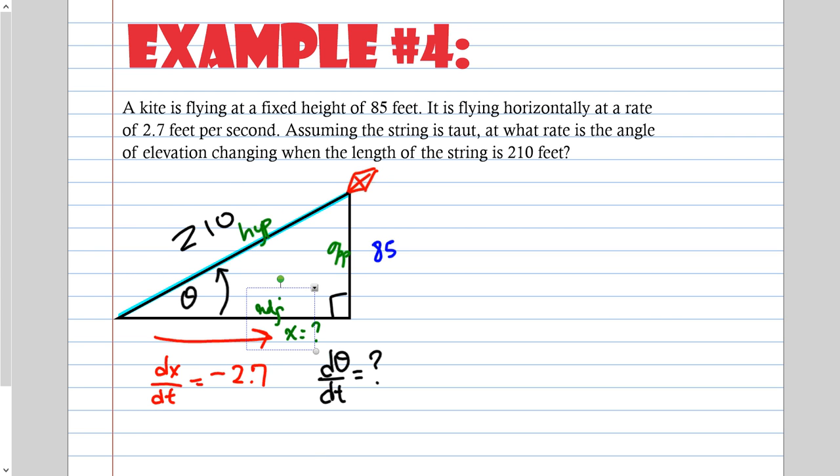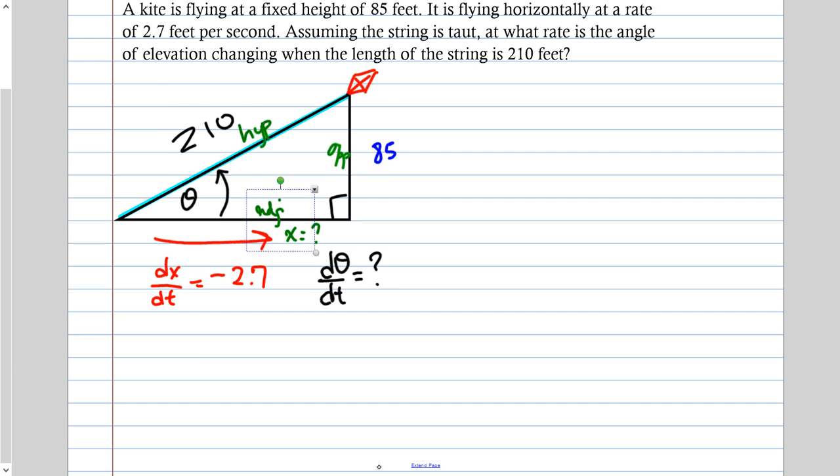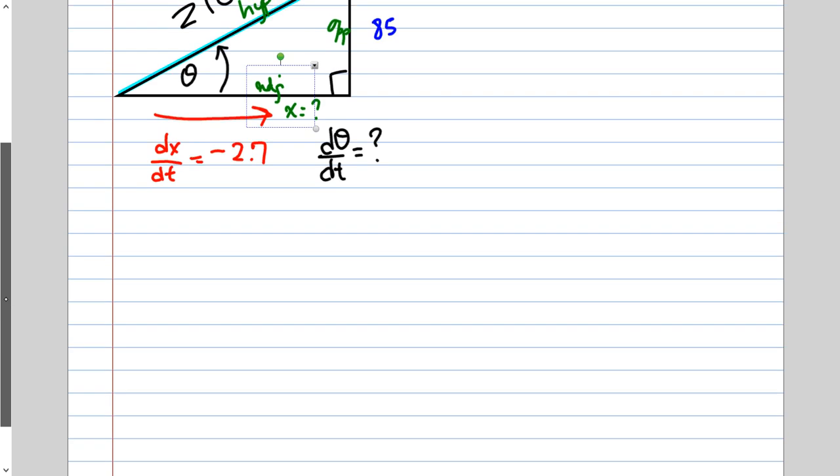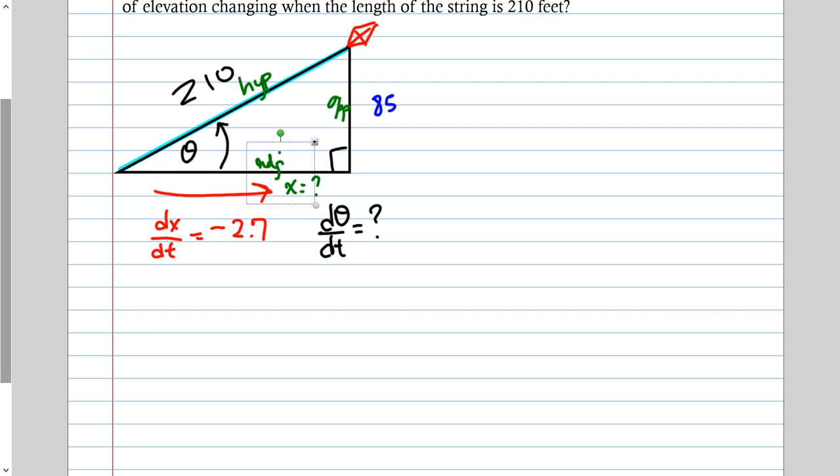I can do that. This is a right triangle. Yay for right triangles. I'm going to do that right below this picture. Well, actually, let me show you first why I know that I need it. If we use same old tangent, tangent is opposite, which is 85, and that's constant.